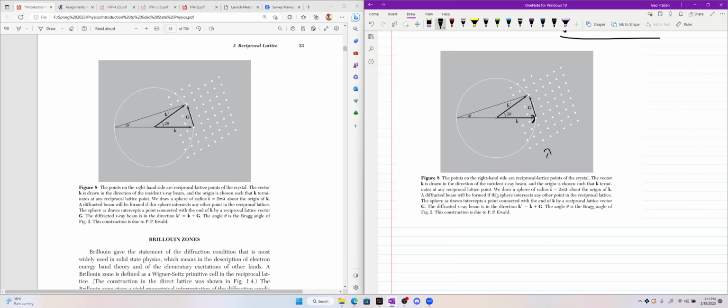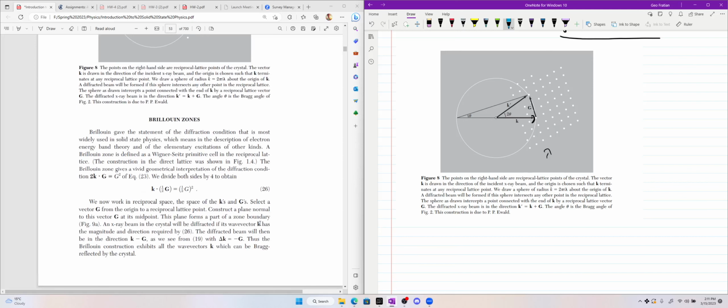And a diffracted beam will form if the sphere intersects any other point in the reciprocal lattice. And we see that it happens right here, it intersects it. So then we get the k prime vector like that. And we see that diffraction is going to happen when k prime equals k plus G. So it's going to diffract at that point.